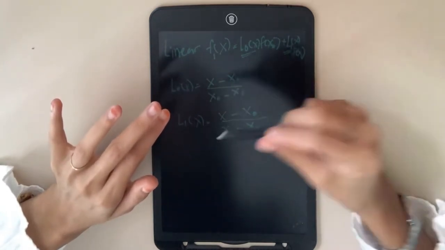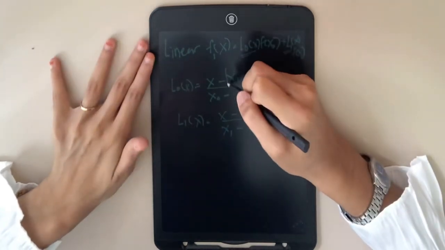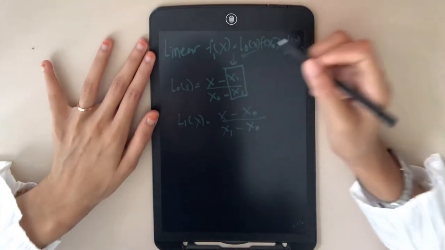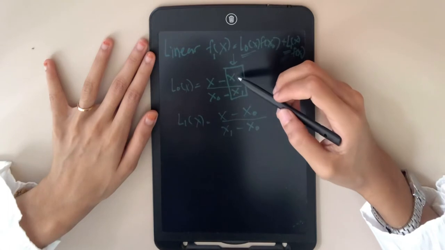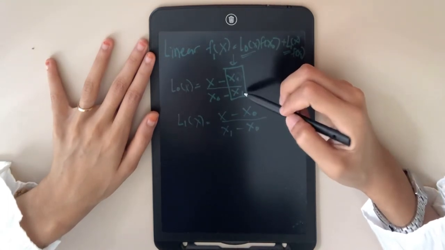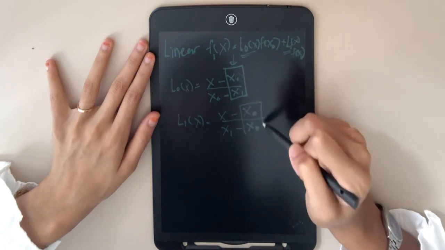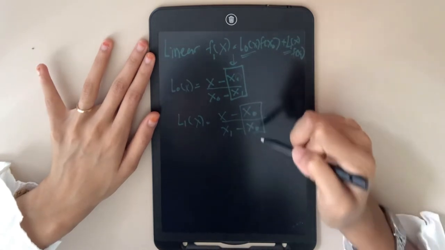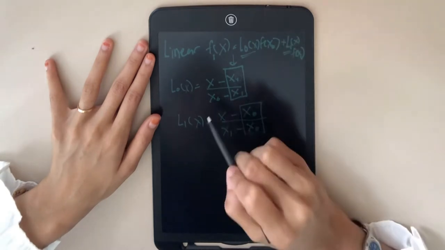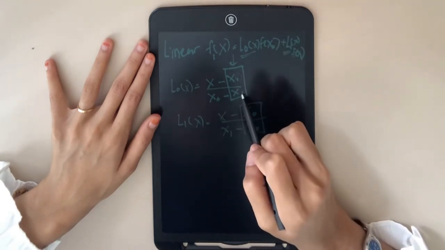And then over, for the denominator, you should have the same thing. If on top it is x1, at the bottom it must also be x1. If here you see x0, here also must be x0.